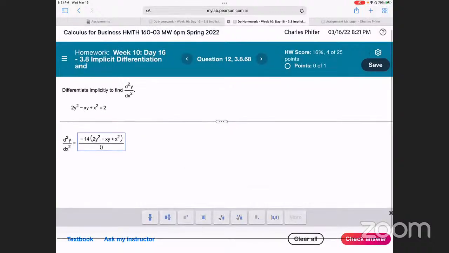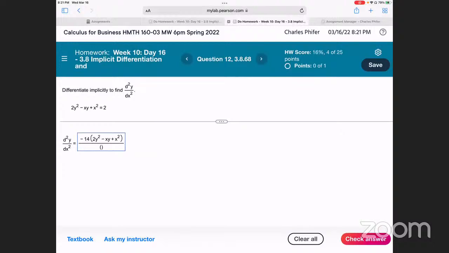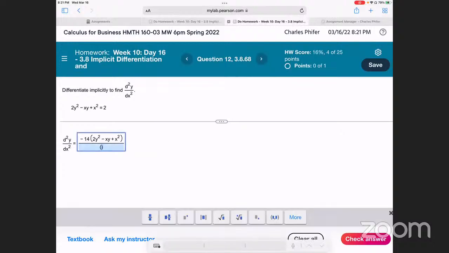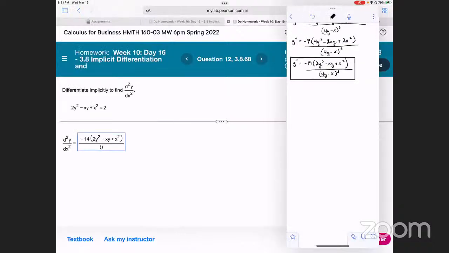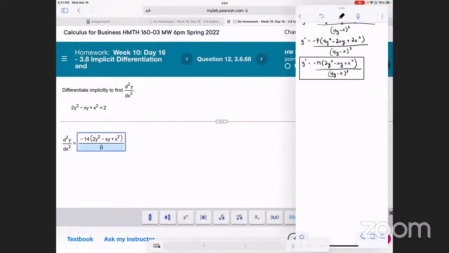I'm like, come on. Then if I hit the X now. Okay. We got 4y minus x quantity cubed. Try again. Okay, 4y minus x quantity cubed.